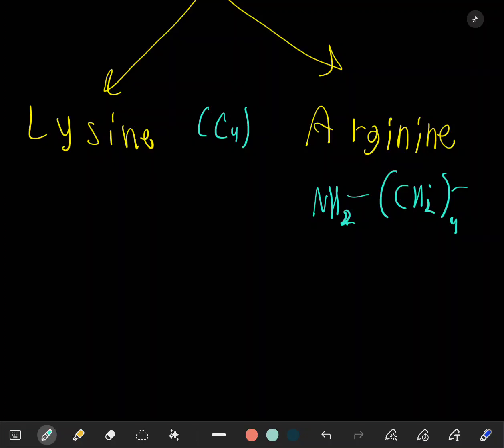So how do we attach these NH2 groups? Over here also we get a CH2 chain, but instead of 4 carbons we get a 3 carbon chain, and the fourth carbon is used from this chain to accumulate another NH group.